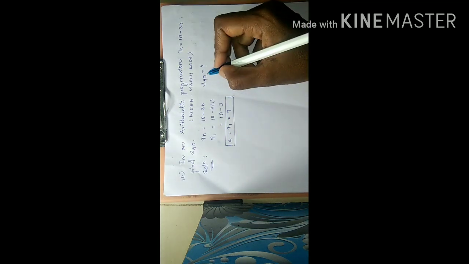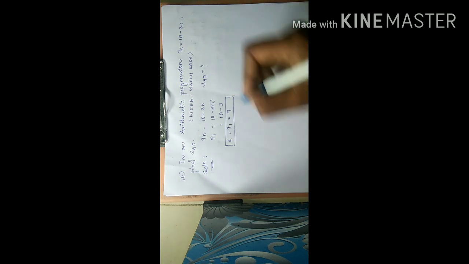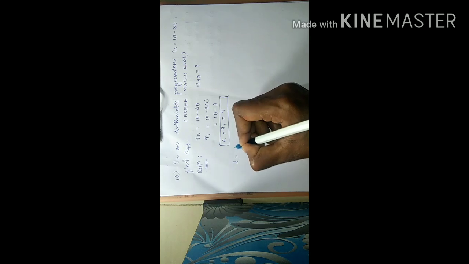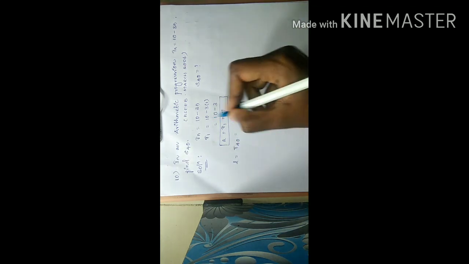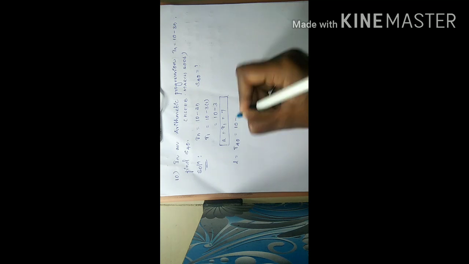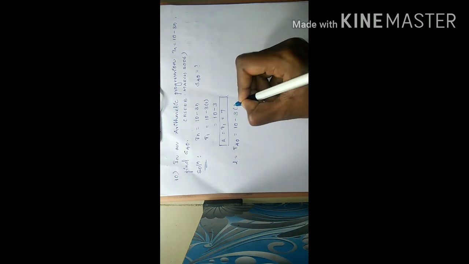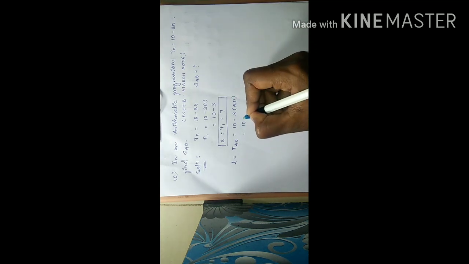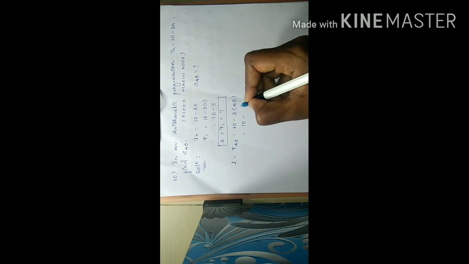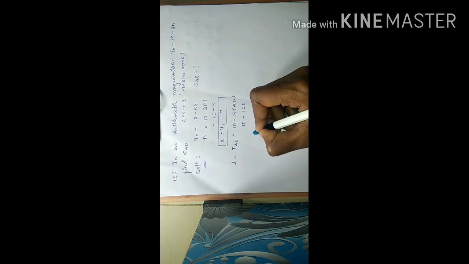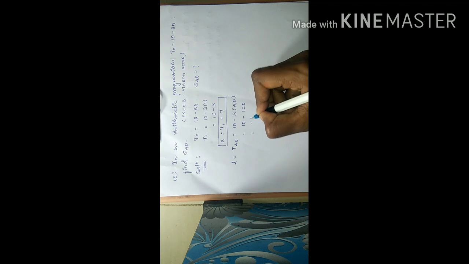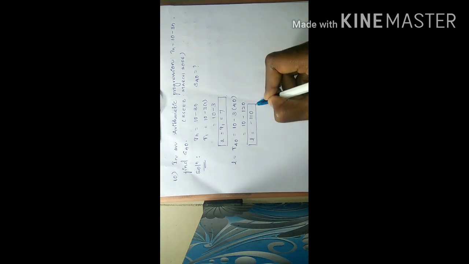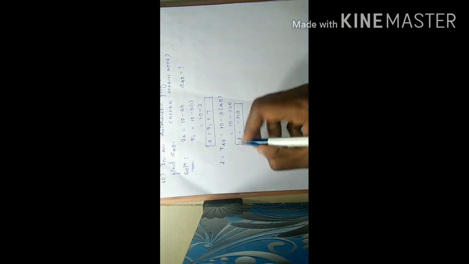So here sum of 40 terms, that means here l is equal to T40 is equal to same thing 10 minus 3 into 40. 10 minus 120, that is equal to minus 110. This is l. Now we know the formula.